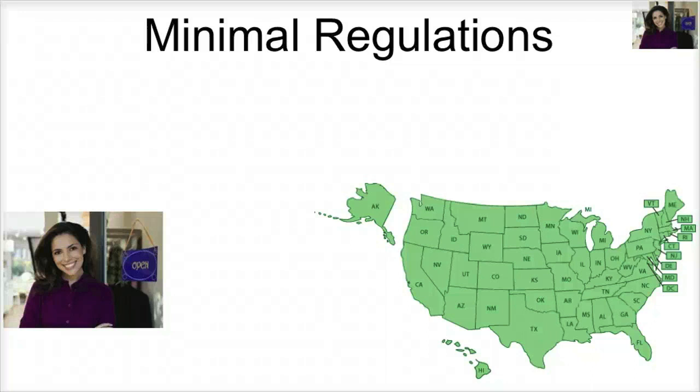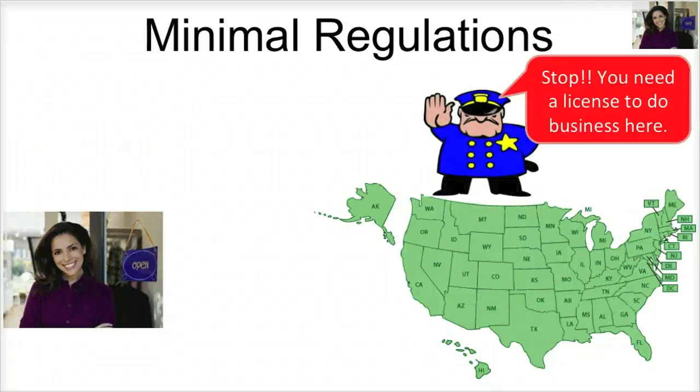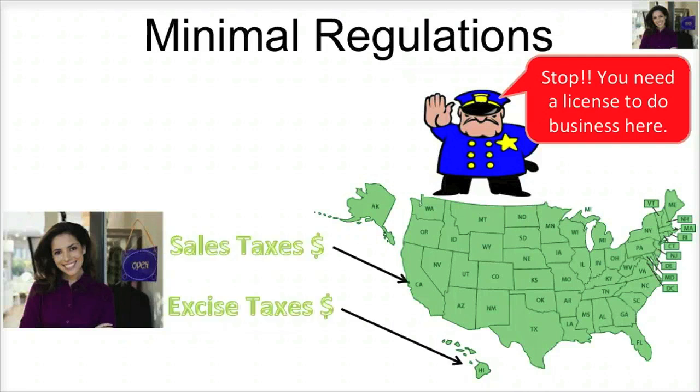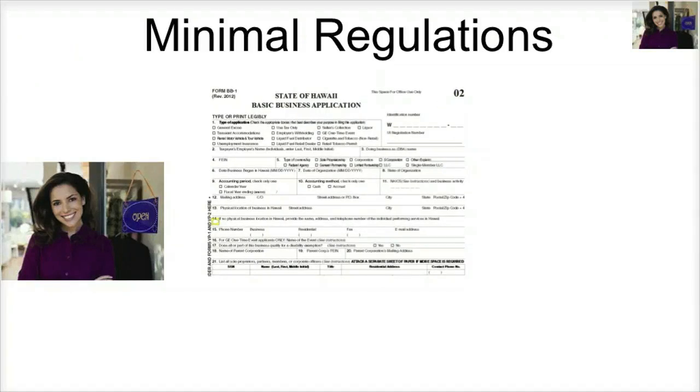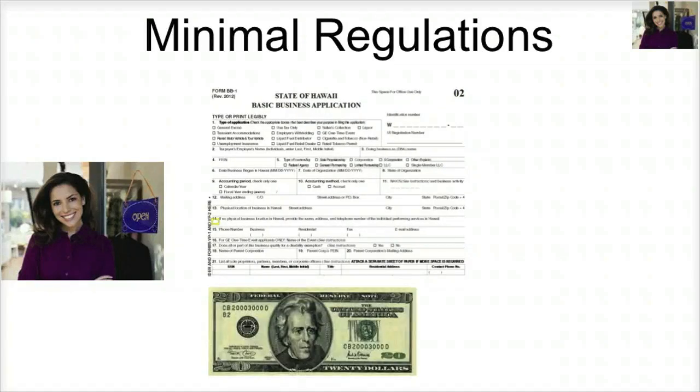Minimal regulations. Because many states require businesses that operate in their jurisdictions to pay either state sales taxes or state excise taxes, most sole proprietorships are required to obtain some type of state tax license. State tax licenses can be obtained by completing a registration form and paying a nominal licensing fee.